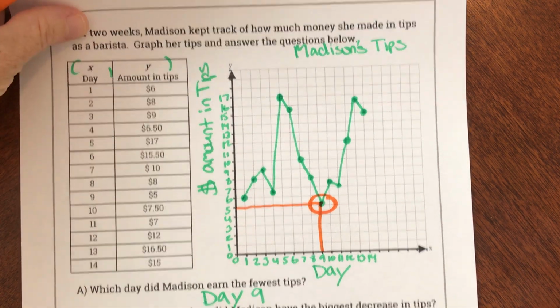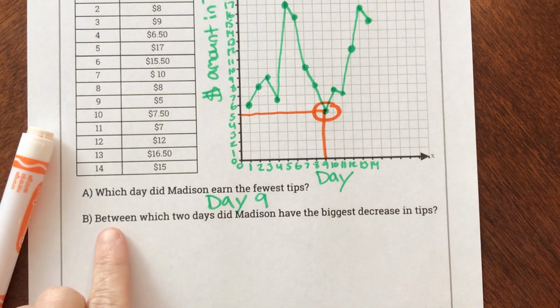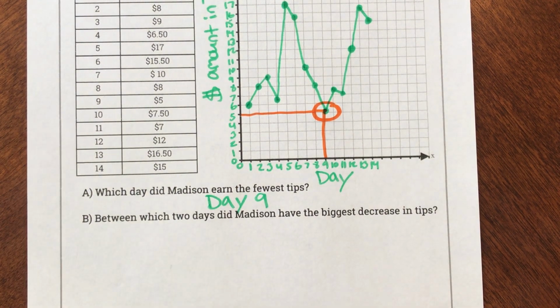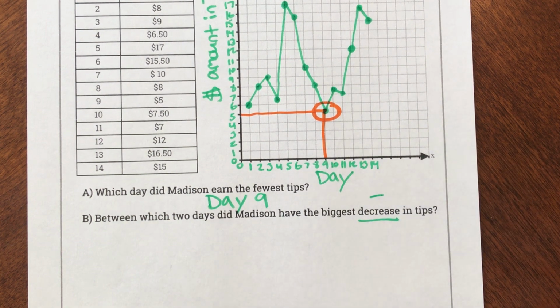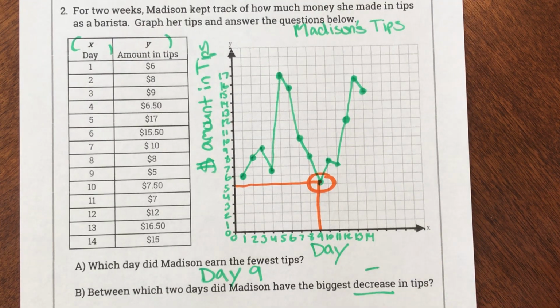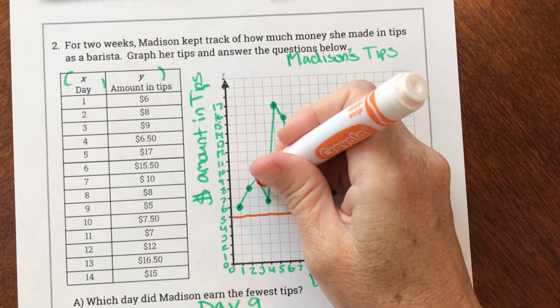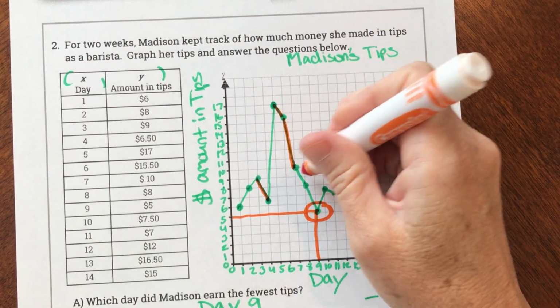Okay, let's look at our next question. Oh, I didn't see that part. Sorry, ladies and gentlemen. Between which 2 days did Madison have the biggest decrease in tips? Where did she take the biggest drop? Well, I'm going to look at all of the drops. So this was a drop. This was a drop. This was a drop.